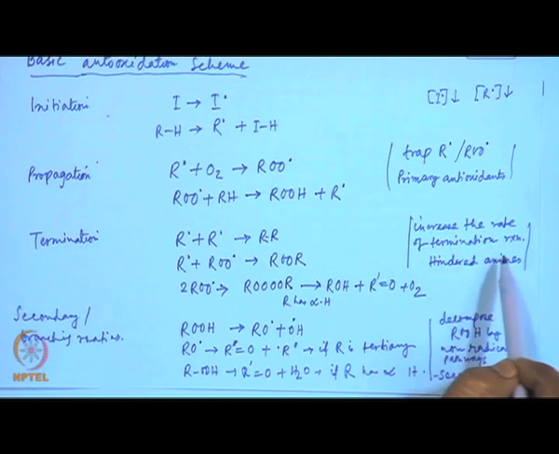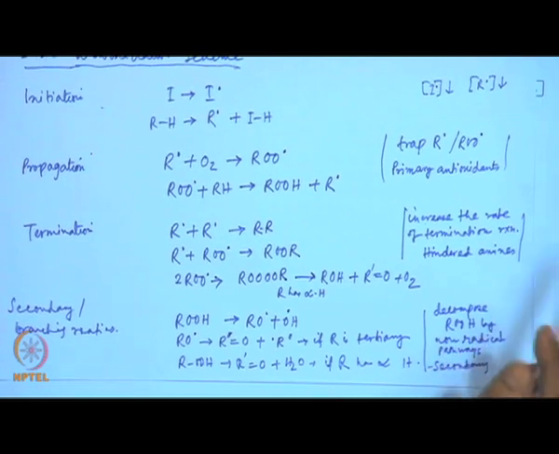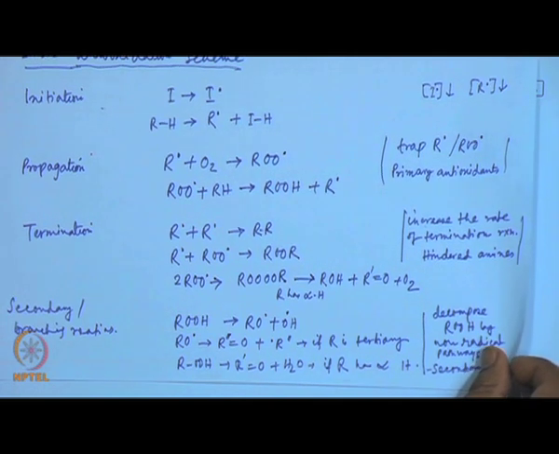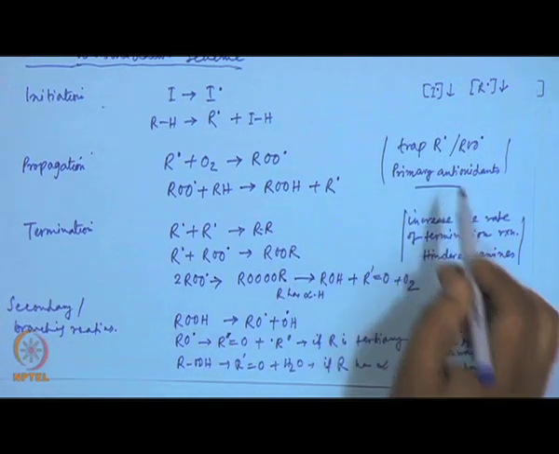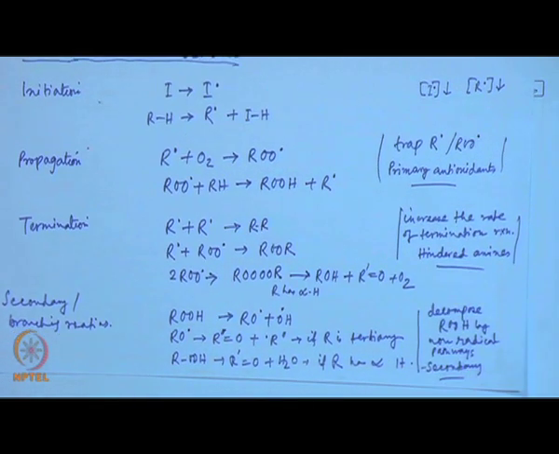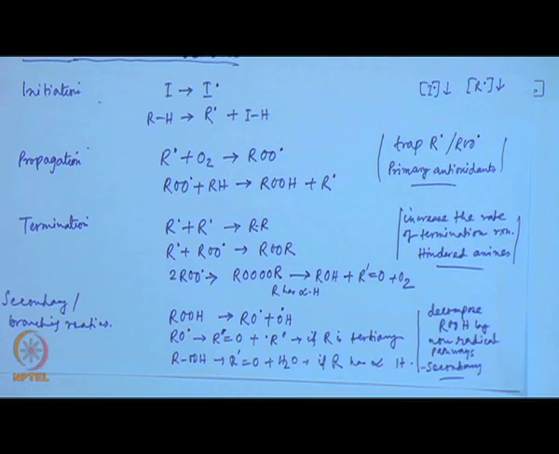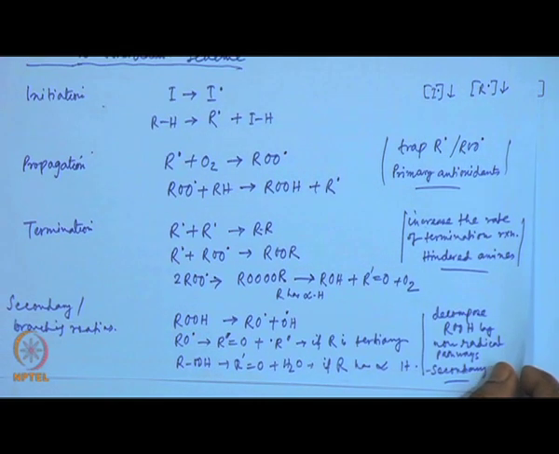We can increase the rate of termination reaction, which is done by adding hindered amines, or we can decompose these hydroperoxides by non radical pathways, and that is done by adding secondary antioxidants. Examples of these primary antioxidants, hindered amines and secondary antioxidants, and how they do this trapping or decomposition or increase in the rate of termination, I will discuss briefly now.